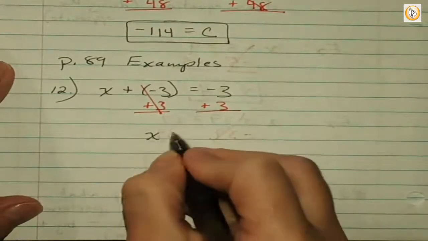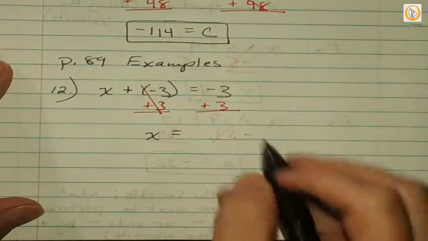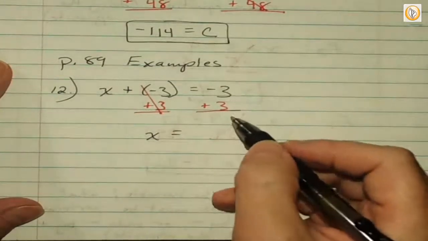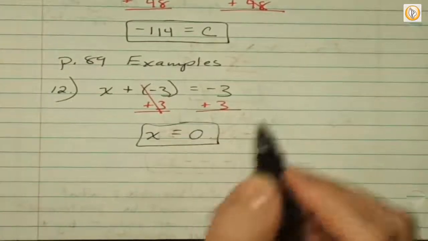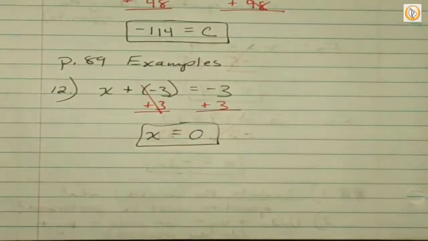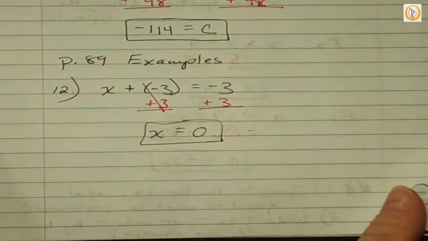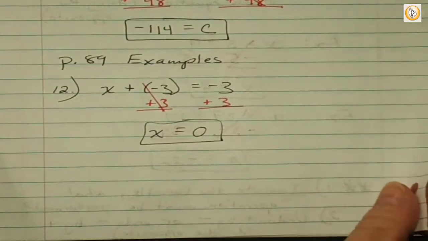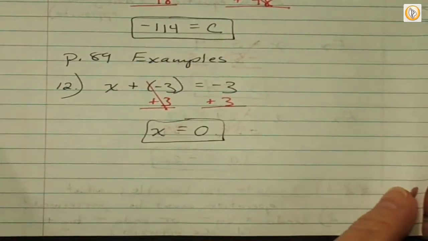So x equals negative 3 plus positive 3, so it would be 0. When the signs are different, we subtract. Any questions? I have a clarification question. If it's a negative 3, we would do positive 3. Yep. Good question.